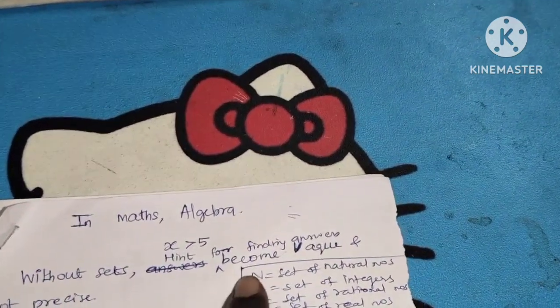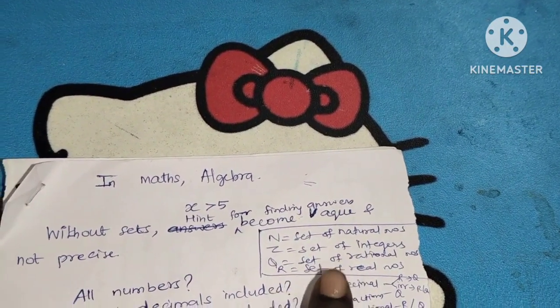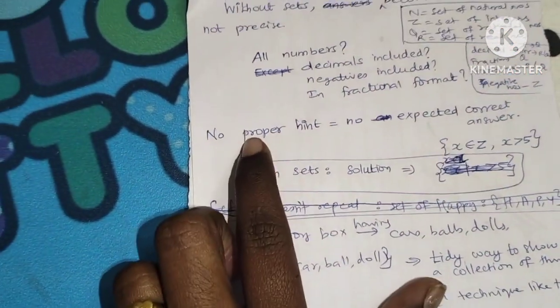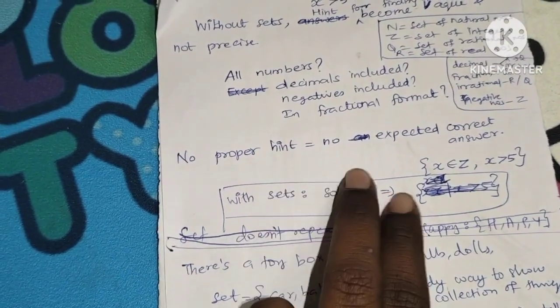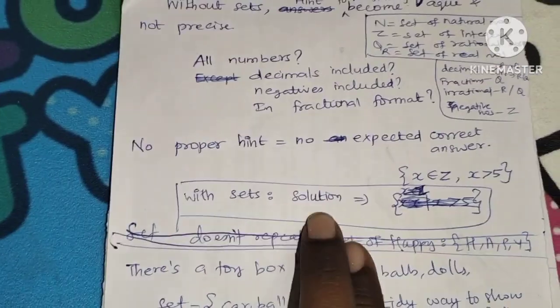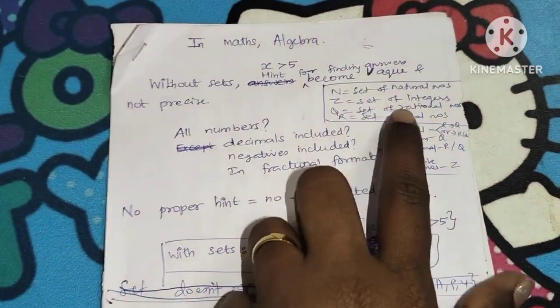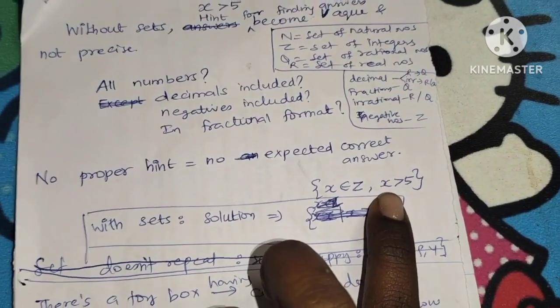We know that N is for natural numbers, Z for integers, Q for rational and R for real numbers. With no proper hint, no expected correct answer is obtained. But with sets we give a correct solution. We say x is an element of Z, x is an integer. And then we say x is greater than 5.